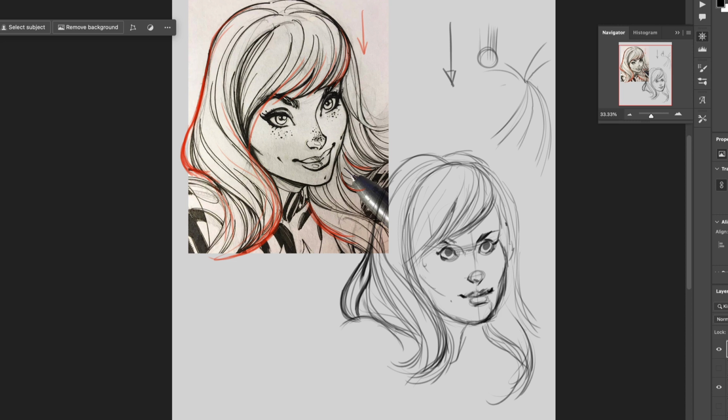Or here, like that. That's the general of what he's doing here. So when you draw hair, again, don't put them in as individual strands. Group them together as much as you can.